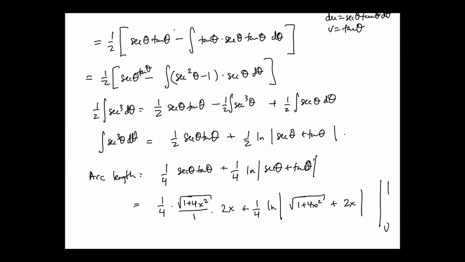What's log of 1? 0. Okay, so I only have to plug in 1 here. And so what do I get? 2 over 4 is 1 over 2 square root of 5 plus 1/4 natural log of 2 plus the square root of 5.